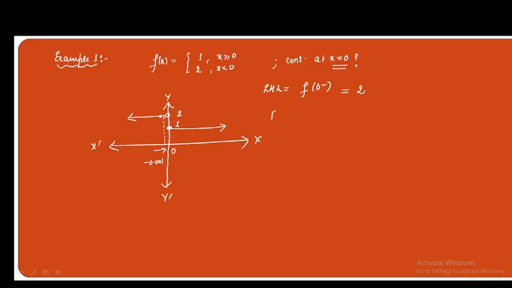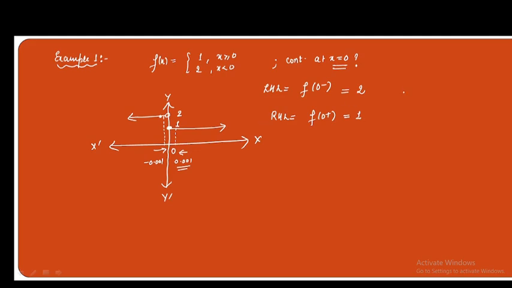Next is what? You have to approach 0 from the right hand side, which is 0.001. This is RHL, so f(0 plus), it is what? Again it will be 1, right? Why? Because this line is parallel to x-axis, so its value will remain the same if x increases in the positive direction.